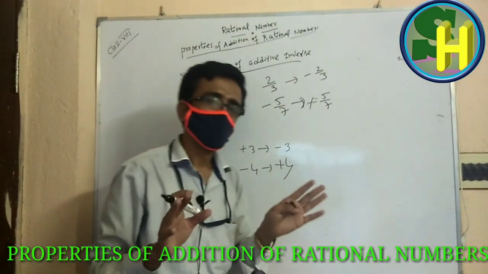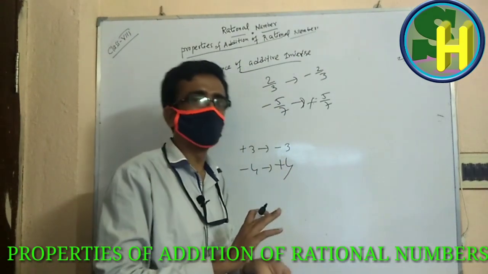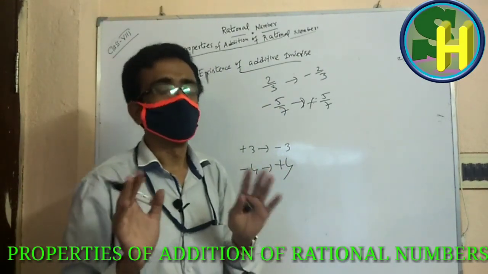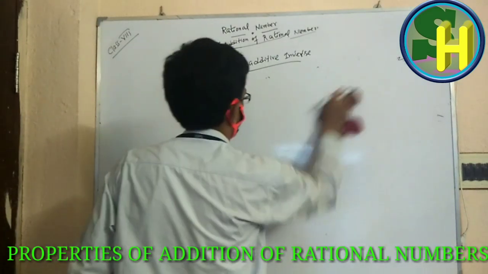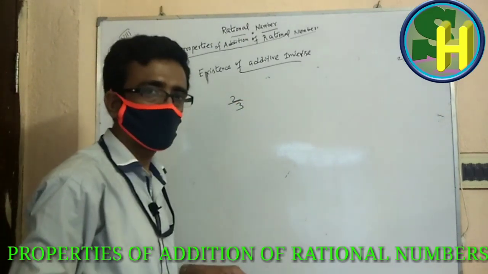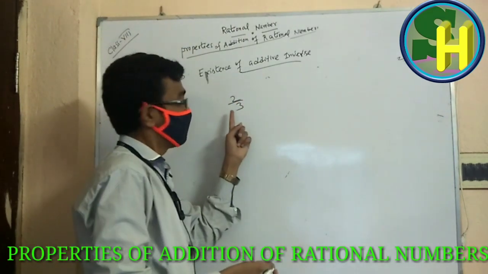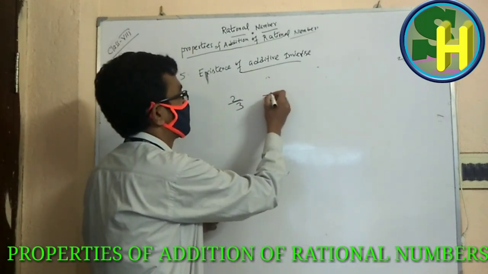So the sum of a rational number and its additive inverse will always be equal to 0. So 2 by 3 is the rational number, and the additive inverse of this number is minus 2 by 3.